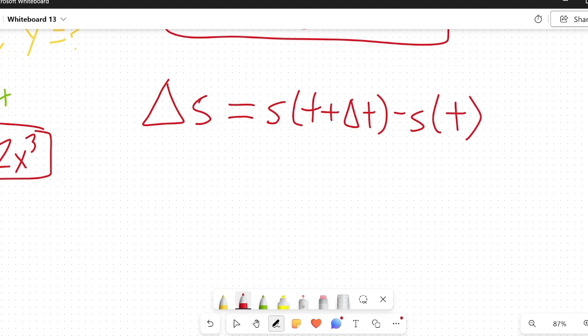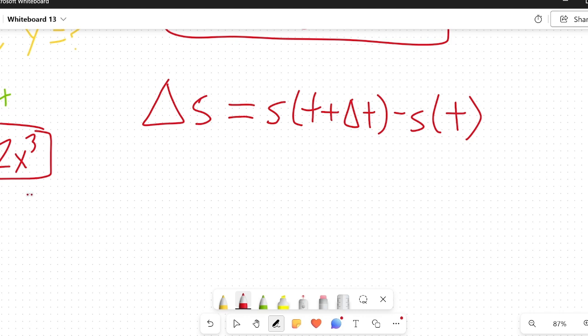So if we want to find the change in position, we have to take the new position, which is going to be s of t plus delta t, the time that changed, minus the old position. So new minus old is our function for deltas. The old is just minus s of t.